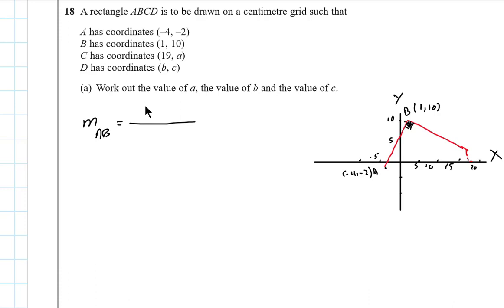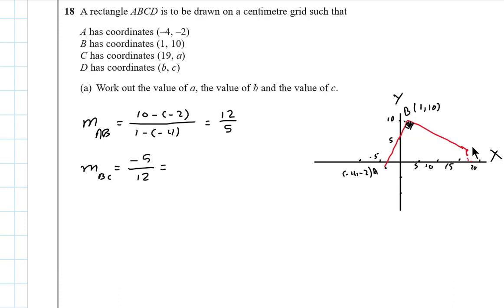The gradient of AB will be 10 minus 2 divided by 1 minus 4, right? 1 minus 4. It will be 12 over 5, right? So the gradient of BC, which is perpendicular to AB, will be -5 over 12, right?